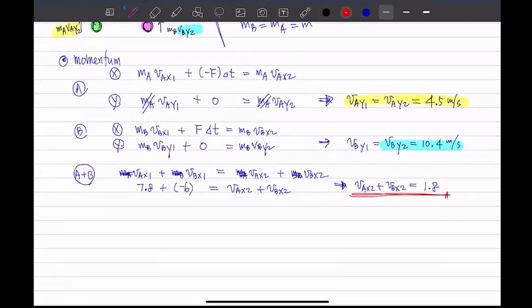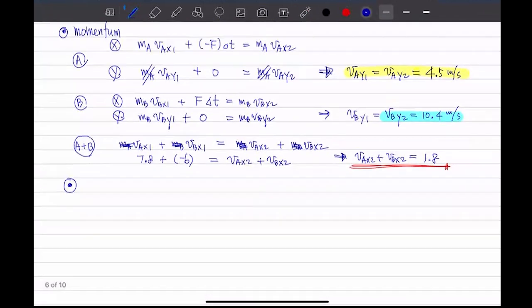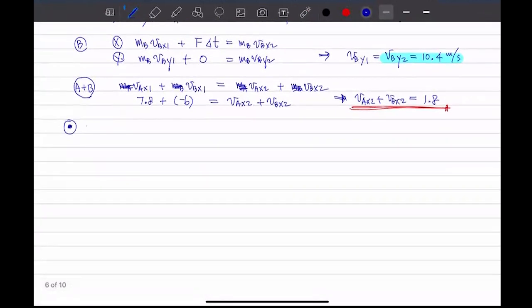And we can also think about the restitution. So, oops, what's going on? So the restitution, which is e, equals separation velocity divided by approach velocity, right?